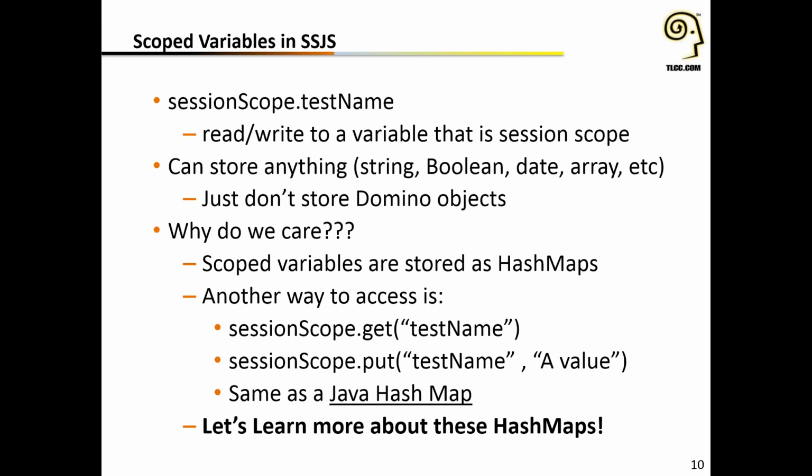Or we can say sessionScope.put and put a value into that particular variable. What we're actually doing is using a Java HashMap. You might not have known it if you haven't worked with Java HashMaps before, but the scope variables are just Java HashMaps that the XPages engine is storing these scope variables in.